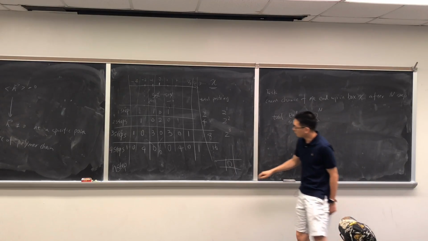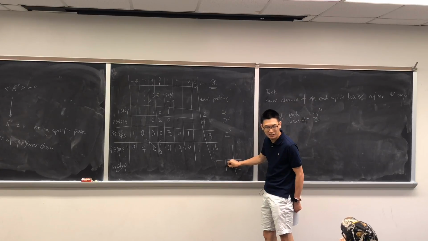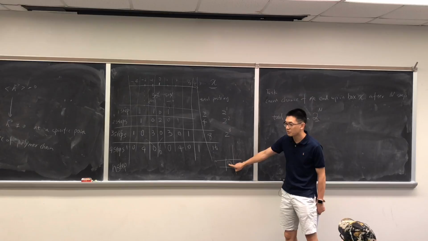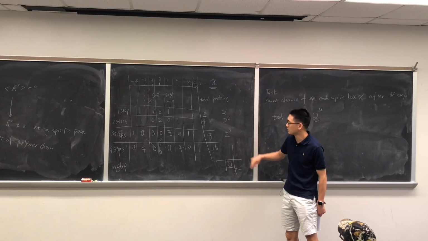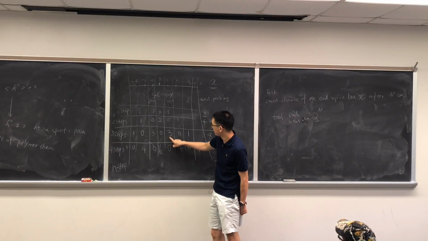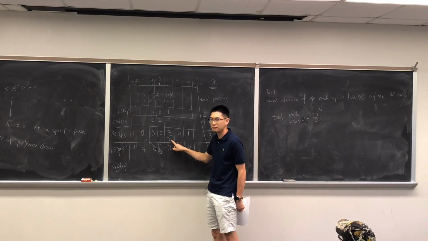So now the question is, I need to know how many ways I can reach here. Then I just divide the number of ways I reach here by the total number of possibilities. For example, after 3 steps, the chance I hit number 1 is 3 divided by 8, about 37.5%.